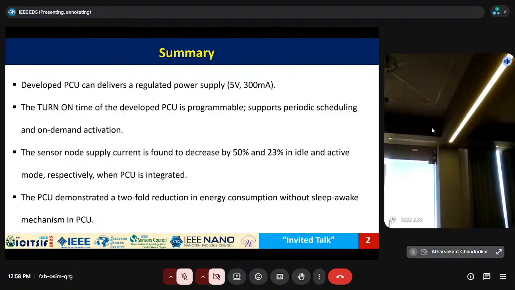If we reduce it to 5 milliampere, then we will increase the battery life from 2x to, you can say, 5x.